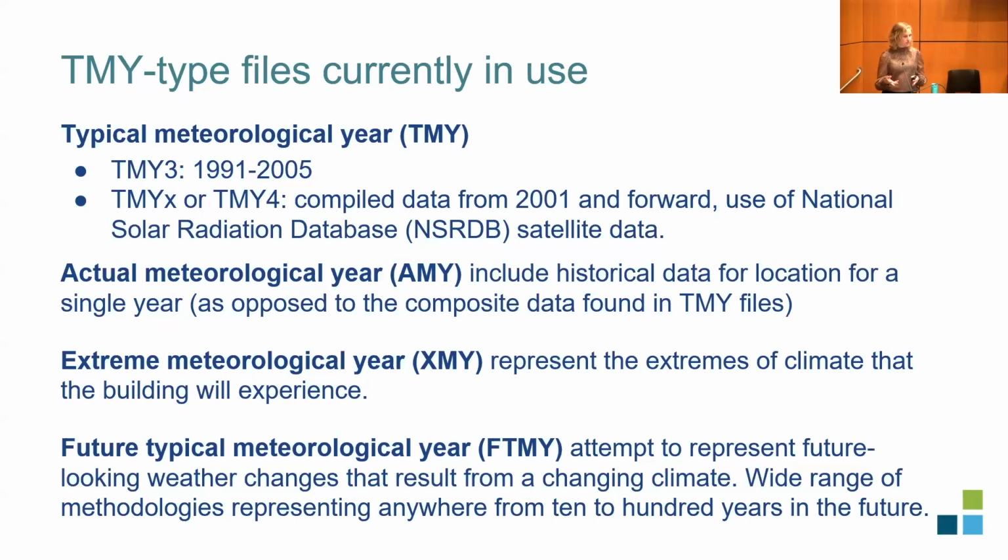This is often used for M&V analysis. We have extreme meteorological year, XMY. This is very similar to TMY, except the algorithm selects for an extreme condition, either hot or cold, rather than a typical condition. And then the emerging work is for future TMY data. This is an attempt to predict or give a representation of what the future might look like.